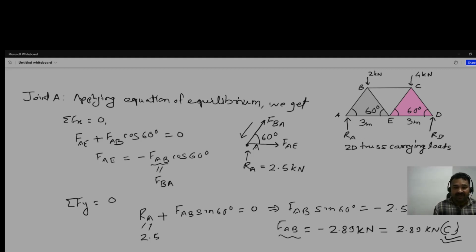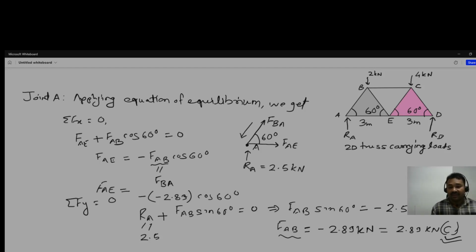Okay, so in this way now if we put the value of FAB in this equation, FAE we get what, and whenever you put, put with the same sign convention, like I am putting here minus FAB, so this is 2.89, then cos 60 degree.